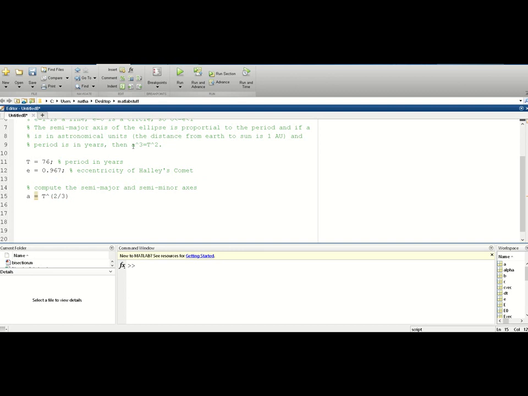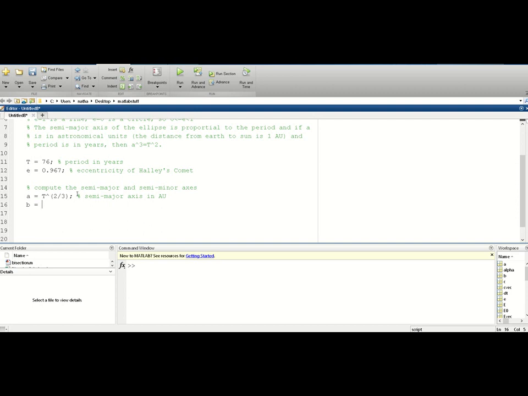And that's solved from this. Okay, so this is the semi-major axis, and we're going to always assume it's sideways, okay? So that it's like an oval that's placed sideways, not up and down, if that makes sense. So semi-major axis in astronomical units, okay?